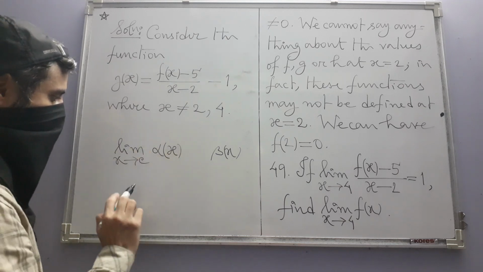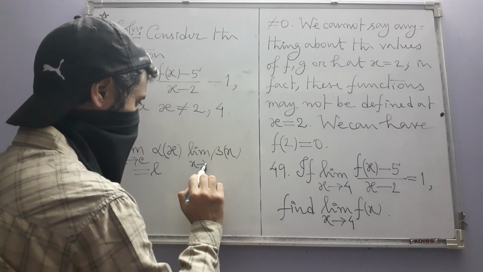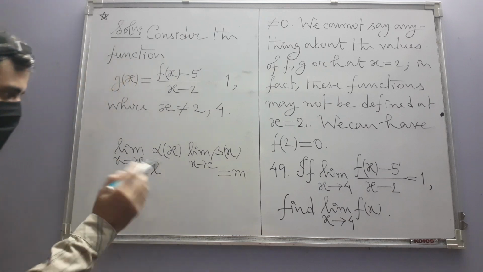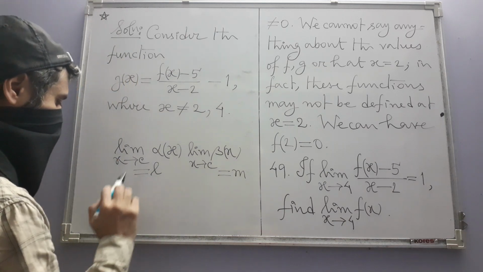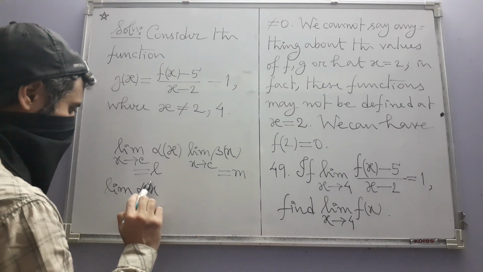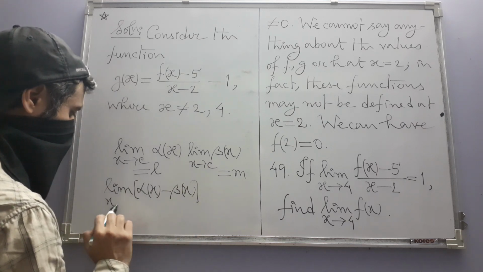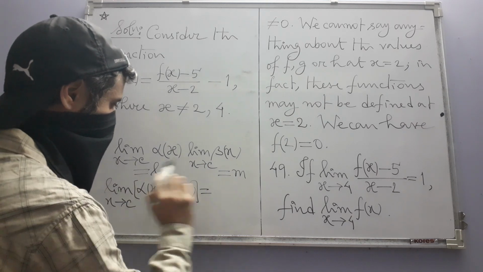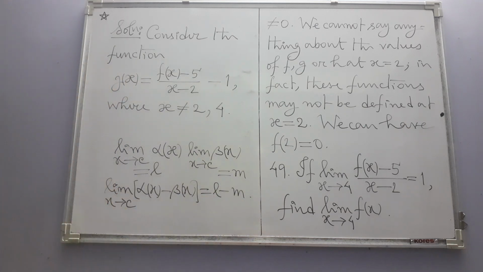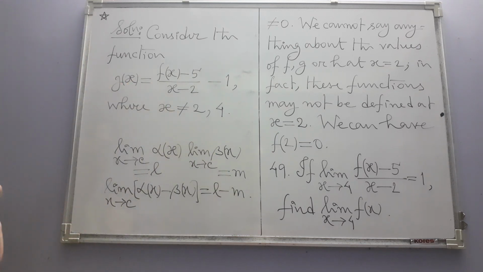Suppose the limit of the first function is L and the limit of the second function is M, where x is approaching the same real number C. Then the limit of their difference is the difference of the limits. That is one part of our theorem 1, and we can use that here now. There is no problem in using that now.